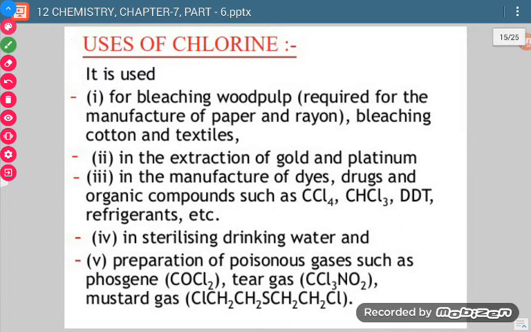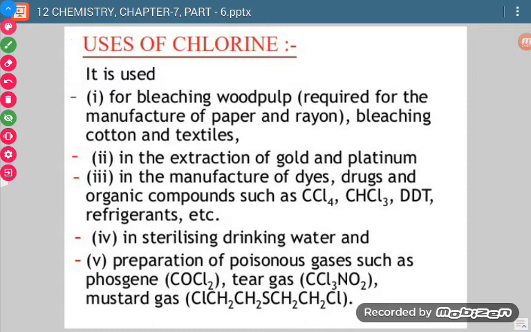Now see where we can use chlorine. It is used for bleaching wood pulp. It is a very good bleaching agent in the paper industry, and it is also used in the clothing and textile industry. In the extraction of gold and platinum there is also use of chlorine. In the manufacture of dyes, drugs and organic compounds there is use of chlorine.